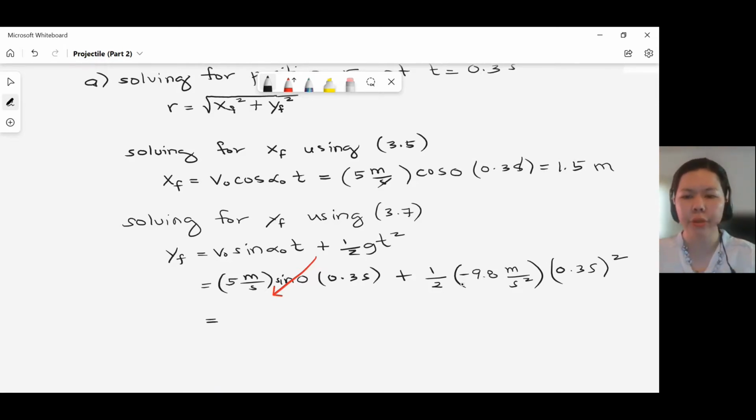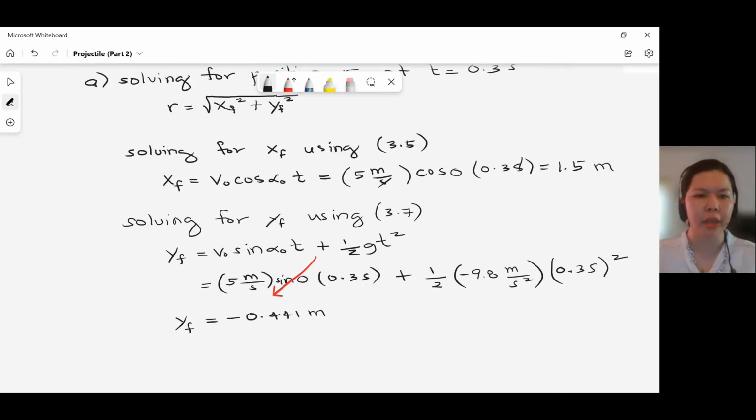Executing 1/2 times negative 9.8 times 0.3 squared, using your calculator, you should get a value of negative 0.441 meter. Y final. Note that yf is negative because at 0.3 second, the bicycle with its rider is below the starting point.